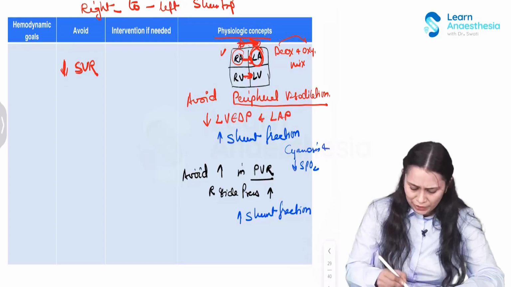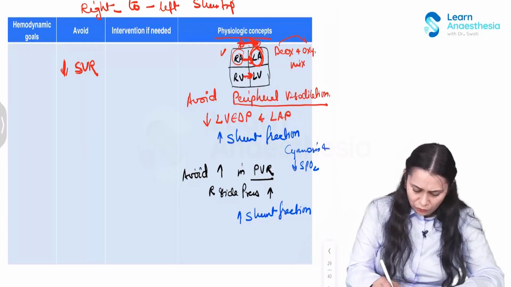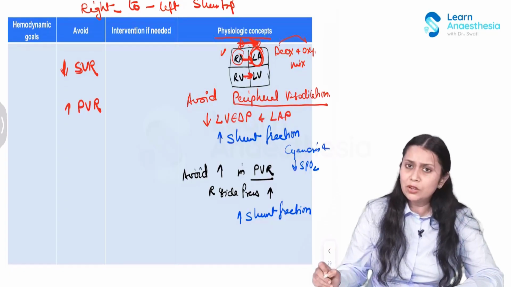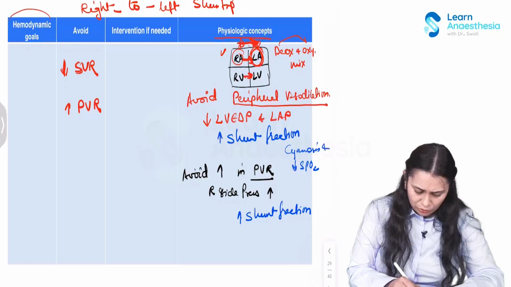So what do we need to avoid? A decrease in SVR, and an increase in pulmonary vascular resistance. So what are our hemodynamic goals?